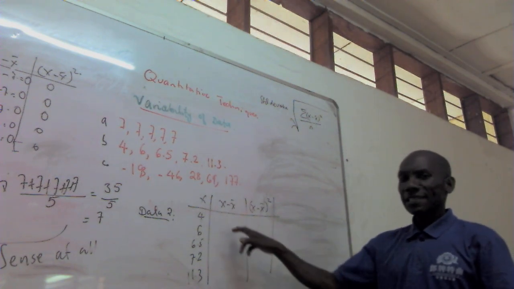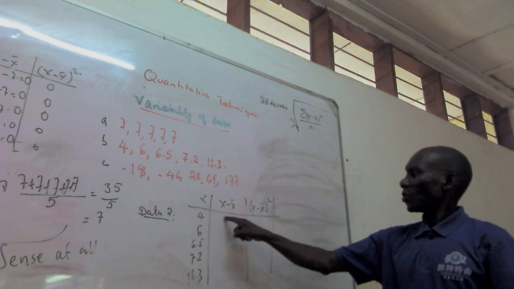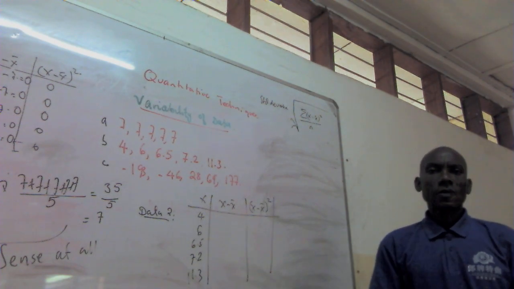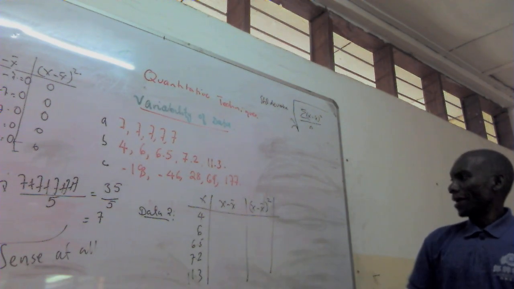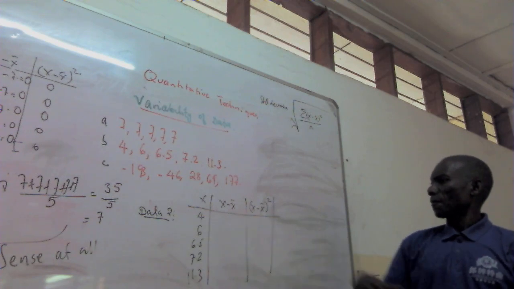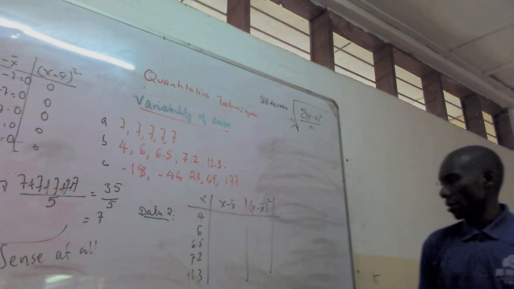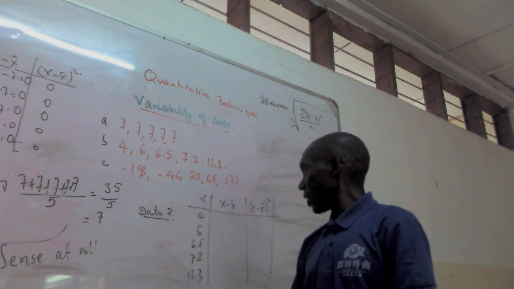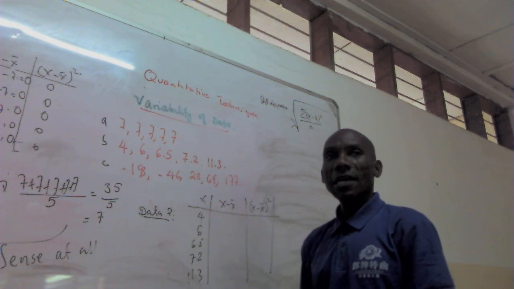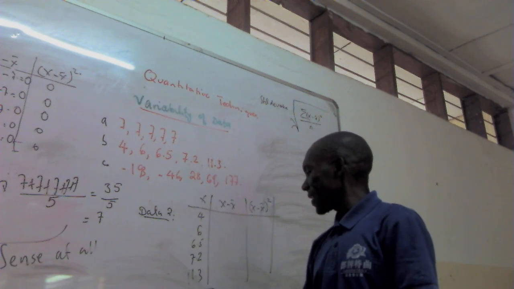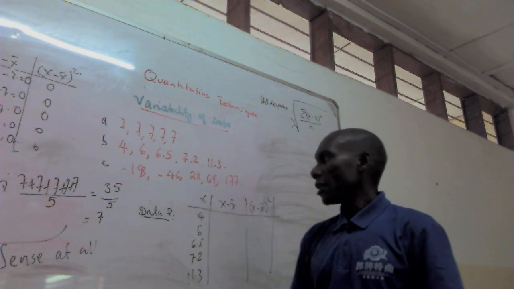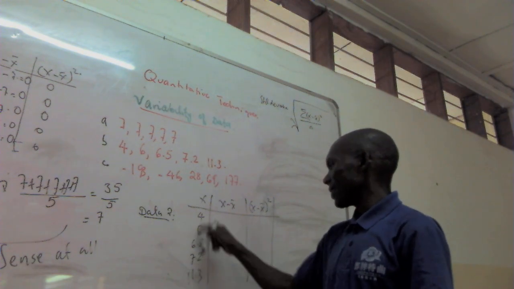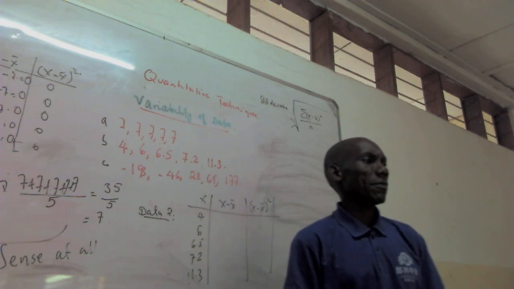For this one, we need to find the mean. Let's find X bar. Mean, you add all the numbers and divide by how many there are. You sum up all the x's divided by n. Can you sum up these numbers and divide by n? How many numbers are there? Give me the answer.